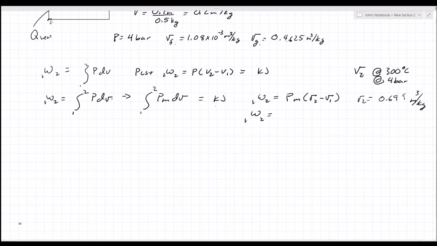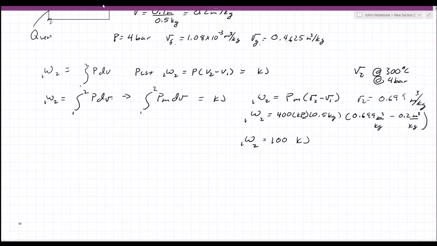That'd be 400 kilopascals times 0.5 kilograms times 0.699 meters cubed per kilogram minus 0.2 meters cubed per kilogram. So the work from 1 to 2, plug it into a calculator, you get 100 kilojoules.